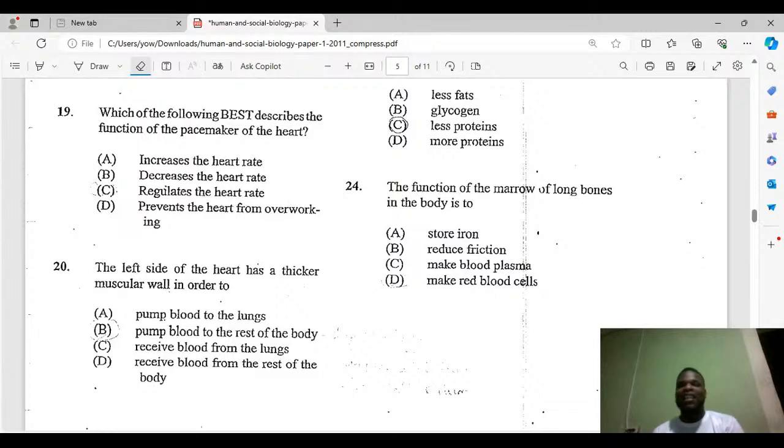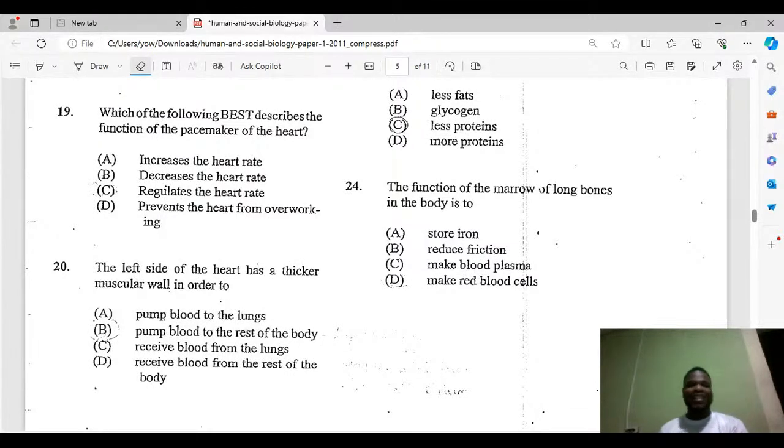And what does that electrical impulse do? That electrical impulse is responsible for regulating the heart rate. So it would be C. Yes, indeed, C, regulates the heart rate. Yes, JJ, it was on paper too.